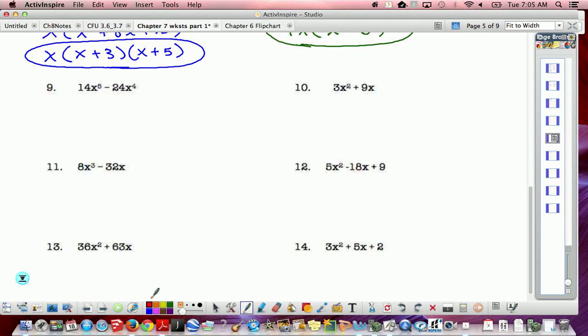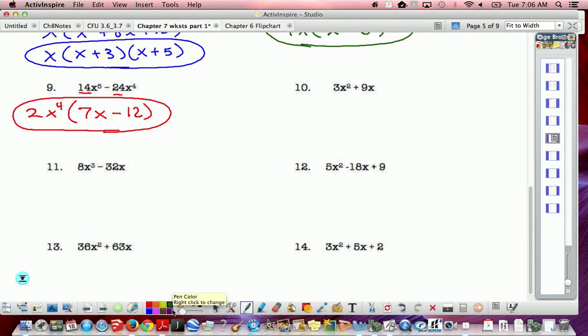Number 9, 14x to the 5th minus 24x to the 4th. Well, 2 goes into both 14 and 24. They share 4 x's. So I'm just left with 7x and then minus 12. 7x minus 12 cannot be reduced any farther, so I'm finished.